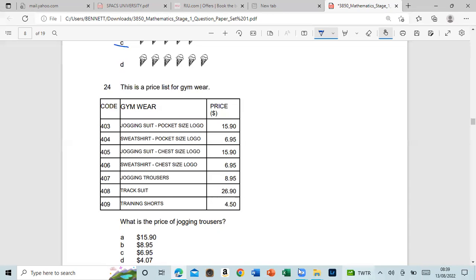Yeah, that is correct. So first you find jogging trousers and then you go for the price, right? Let's see what the next question is.